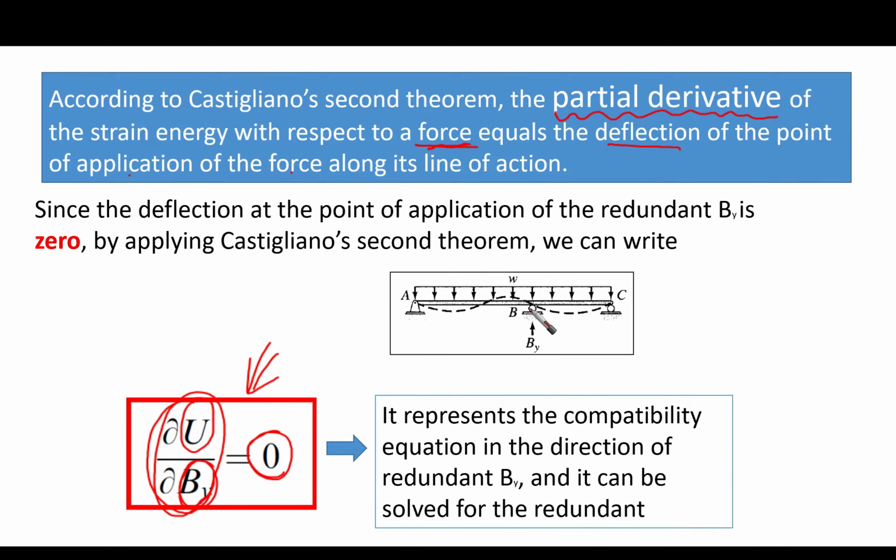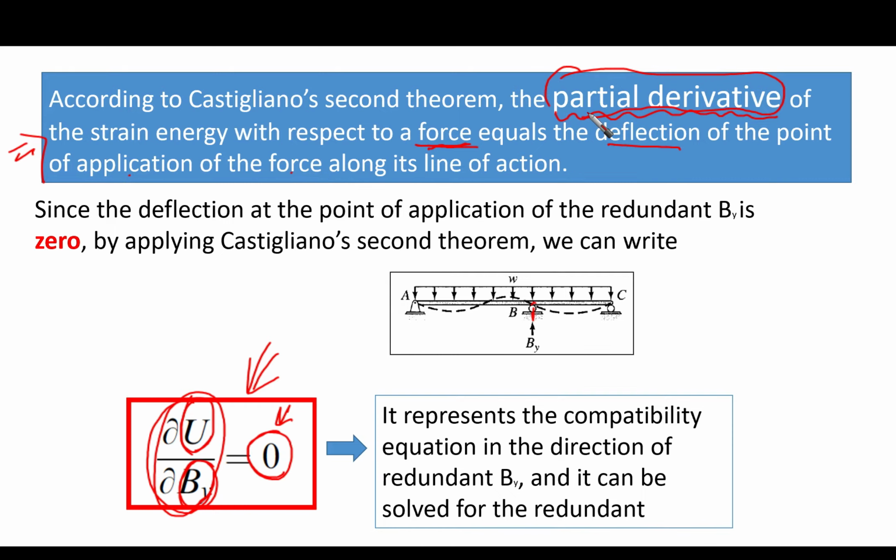Okay, in our case, the deflection here is at a roller. This means that the deflection is 0, right? That's the point. Okay, so I'm going to read it again to understand it clearly. According to Castigliano's second theorem, the partial derivative, we're talking about partial derivative because maybe the strain equation could contain different unknowns, a number of redundants.